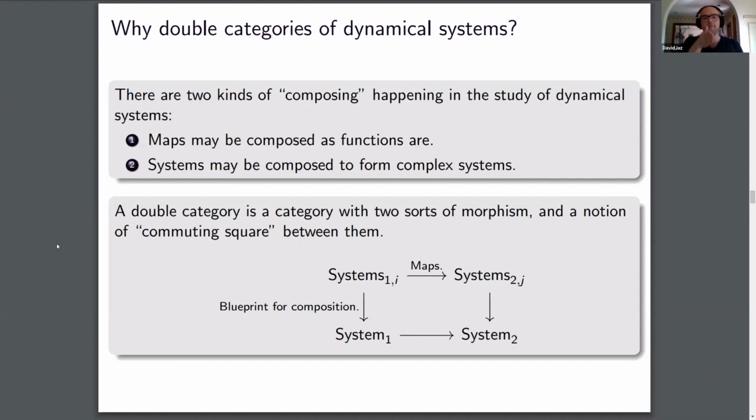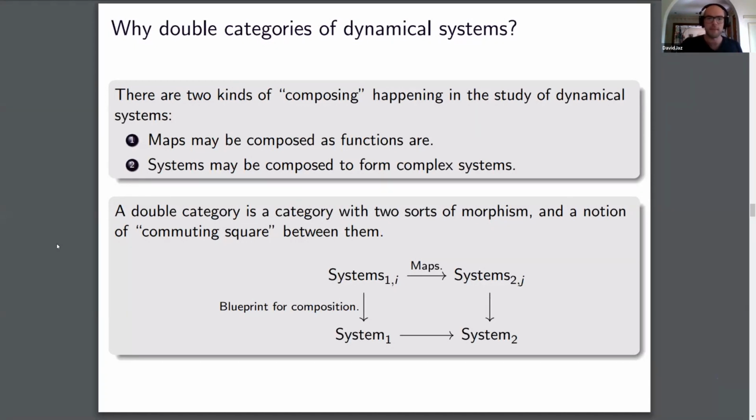And the vertical morphisms will be the blueprints for composing systems. And the squares will basically say that we have two ways of composing systems. We have maps between all the constituent systems. When we have a commuting square like written there, we can put those maps together to get a big map on our complex composite system.